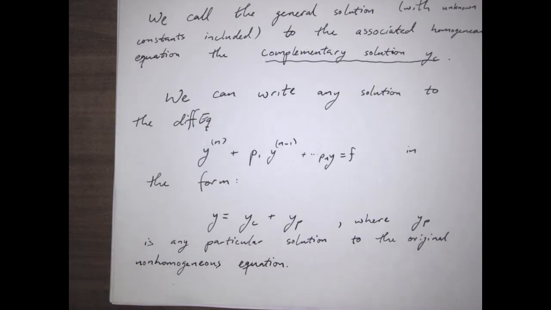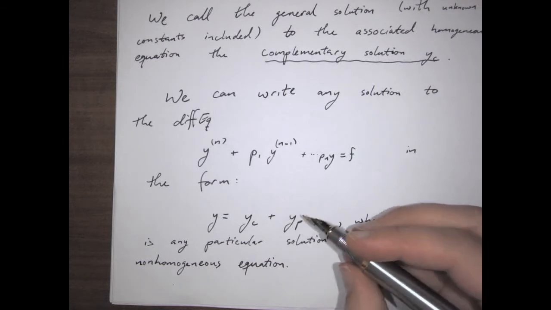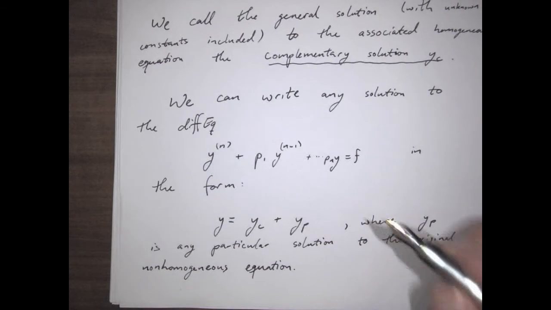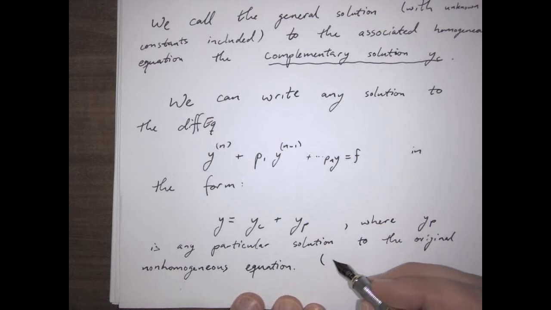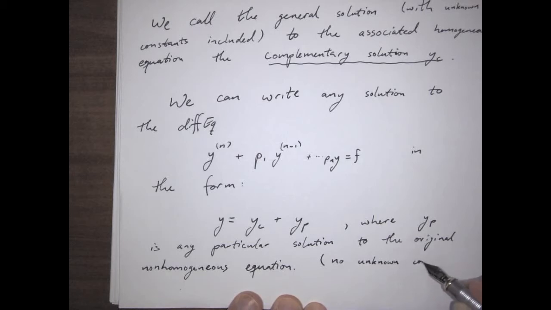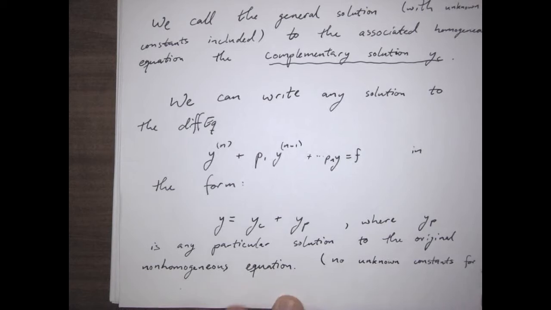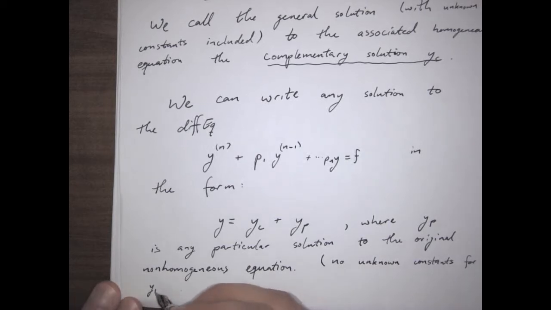So this is going to be a particular solution, and this one has no unknown constants. No unknown constants for yp.